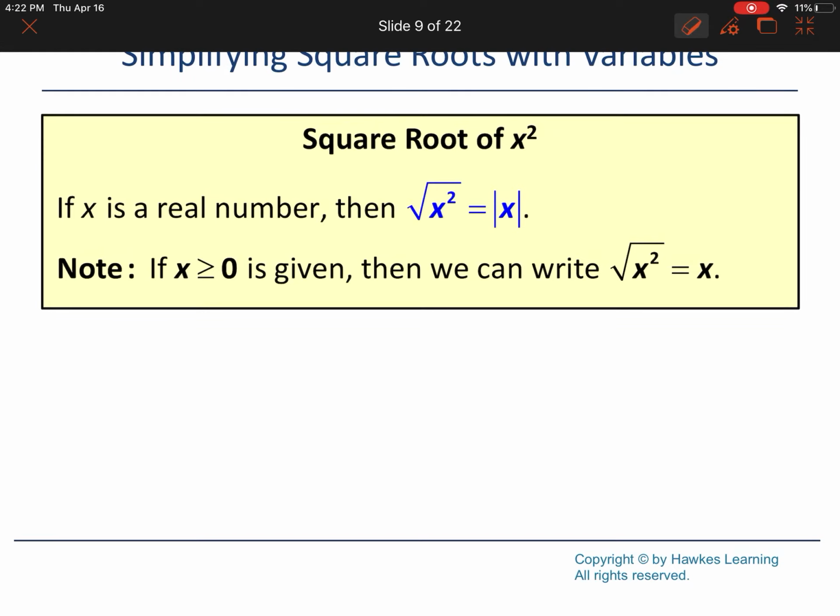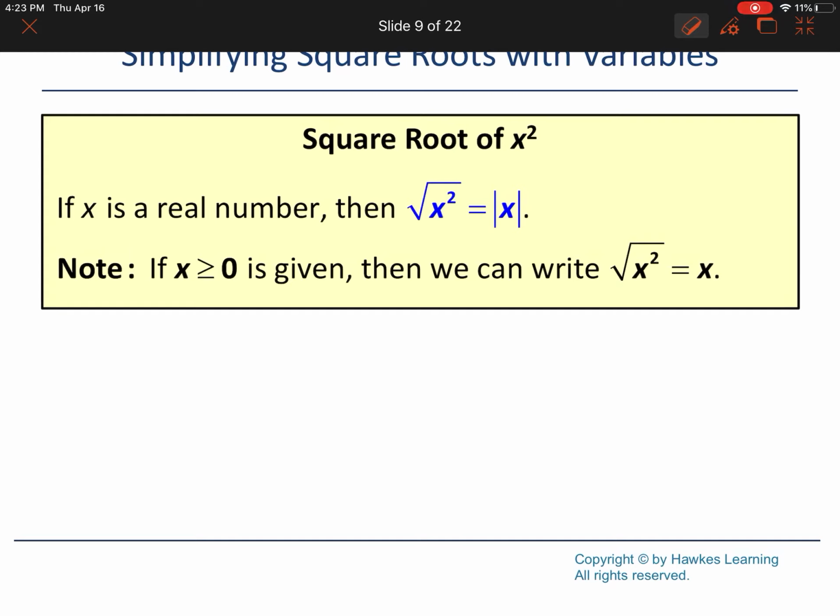Okay, so the square root and the square, they kind of undo each other, right? So whatever number you have, and you could have a variable, if we square it, and then we take the square root of it, we're back where we started. Unless that number is a negative.